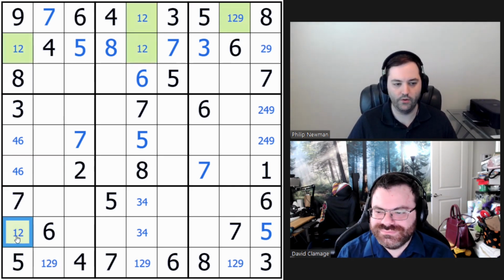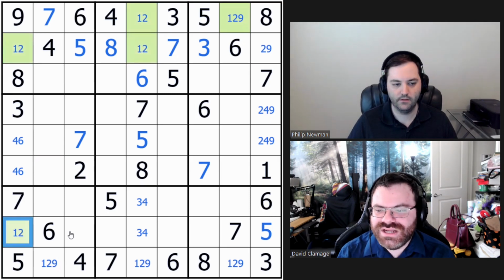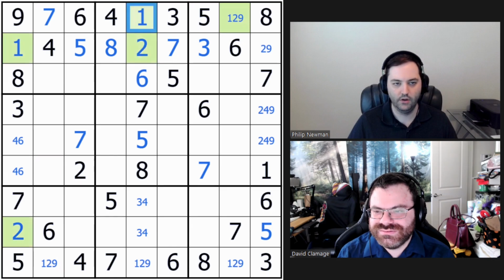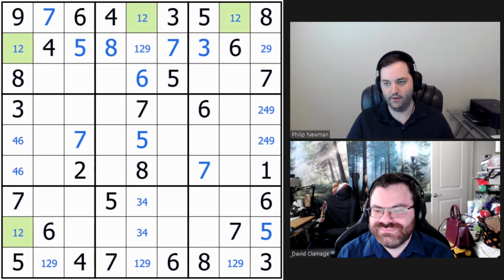Right. So if this is a 1, this is a 2, this is a 1, this is a 2. So these are different. A lot of people will use coloring to represent that. You could do it with coloring, that's the other option. And again, these are different. So that's a sort of pattern that you could find. It's not useful here because I just kind of arbitrarily put it in, but it can be very powerful. We don't have that in this case.